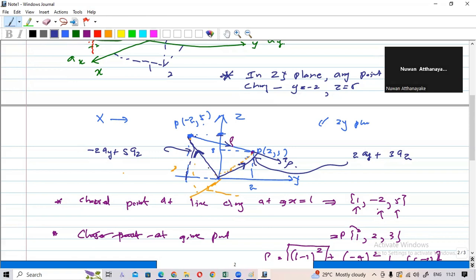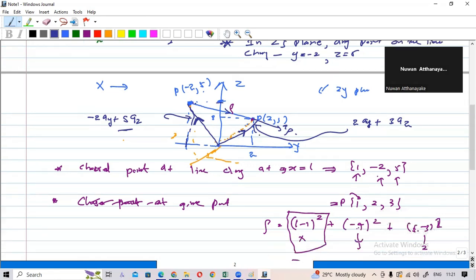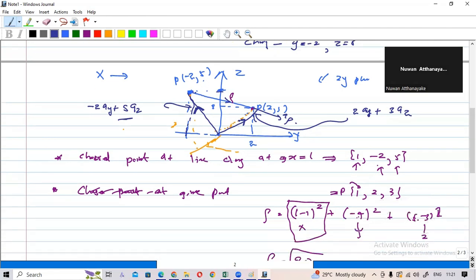So here this is this vector, and this is this vector. Our rho vector, so you can use vector addition. This vector plus this vector is equal to this vector.